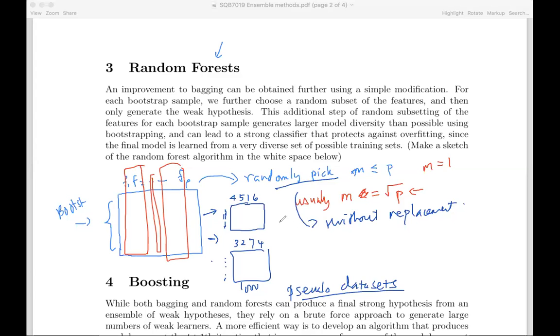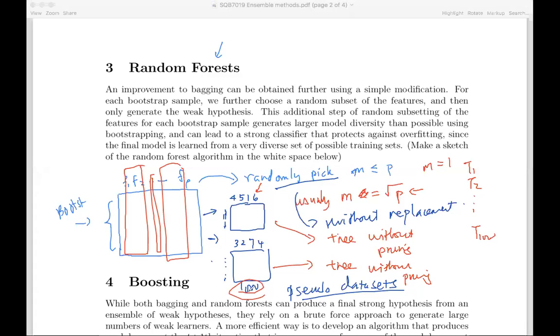Then for each of these pseudo data sets, you make a tree, without pruning. You do a complete tree without pruning because you already weakened the columns. So you will get 1,000 trees if you set this to be 1,000.